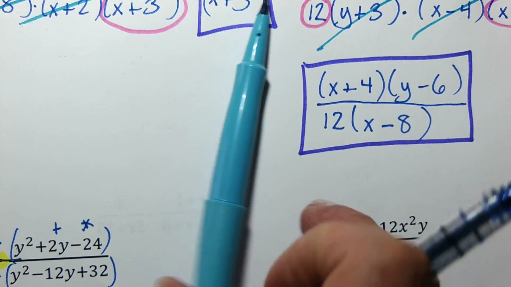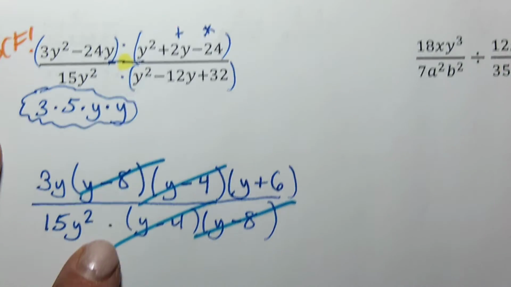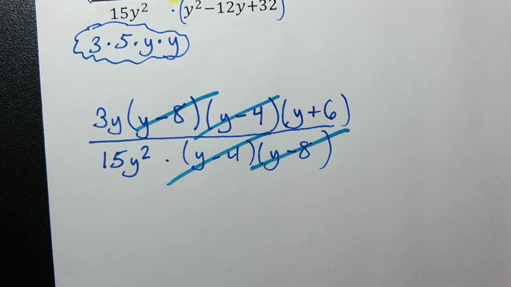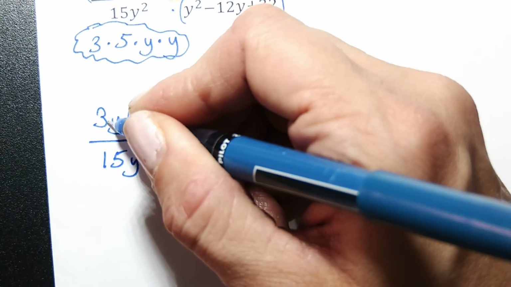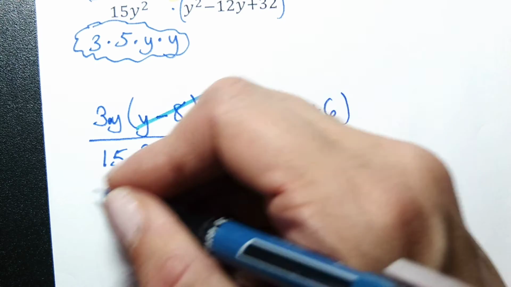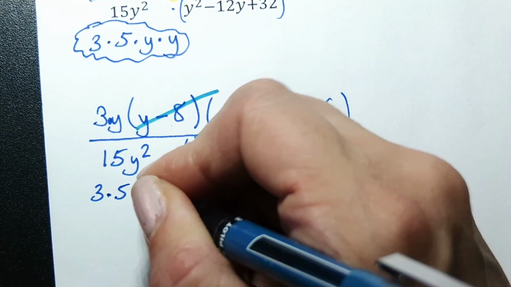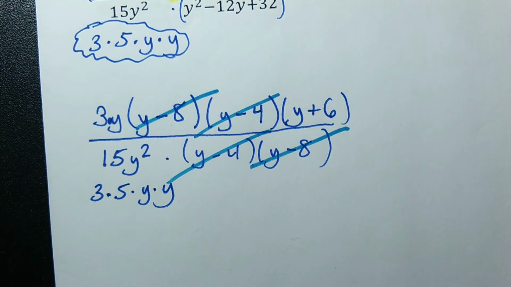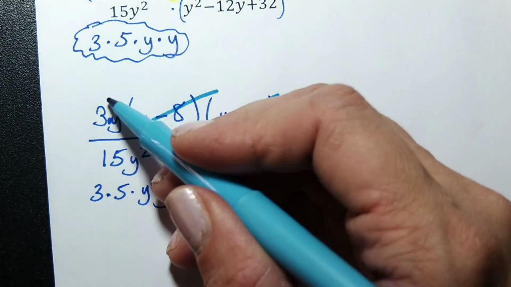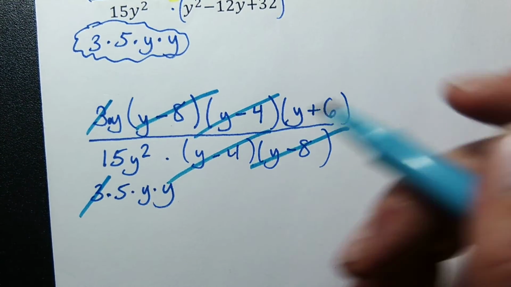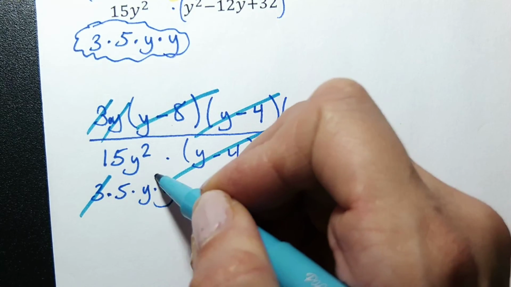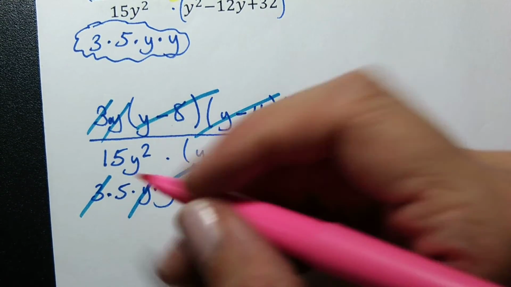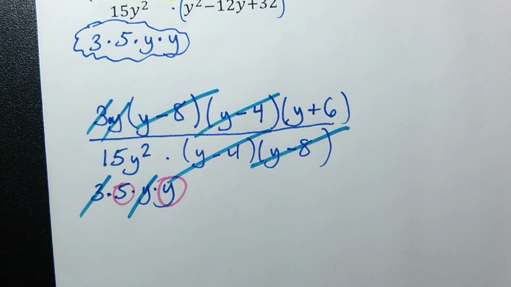Those monomials are easy to think of in factored form. So folks, if I wanted to, I could break this up into 3 times y and 3 times 5 times y. And if that helps, you make it a little bit more obvious that we can take out a 3 with that 3, a y with that y, which would leave me with a 5 and a y on the bottom.